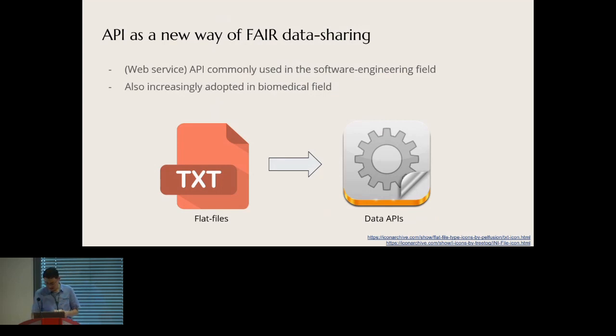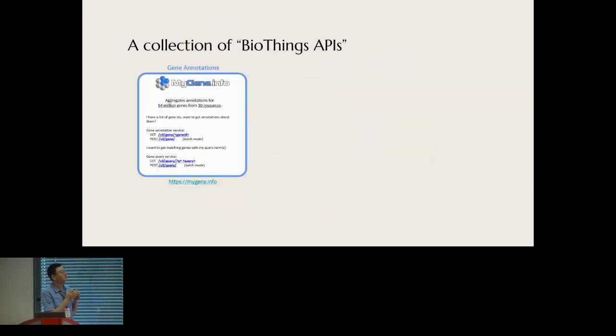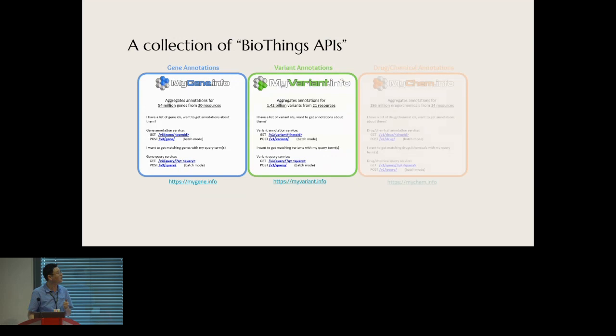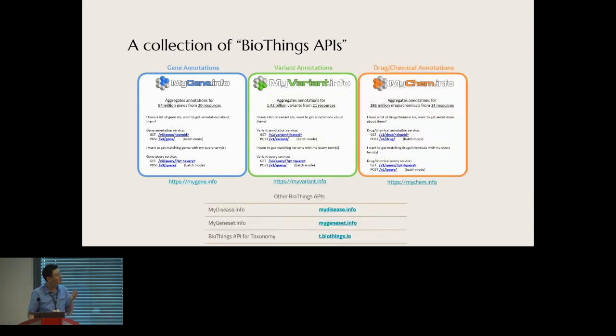For this audience, the BioThings project has been presented multiple times in the past at BOSC, so you're probably familiar with or even using the BioThings APIs we provide. For example, mygene.info focuses on gene annotations, and we also provide myvariant.info. Mychem.info focuses on chemicals and drugs.